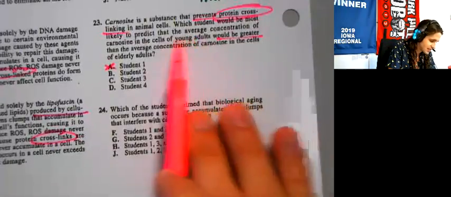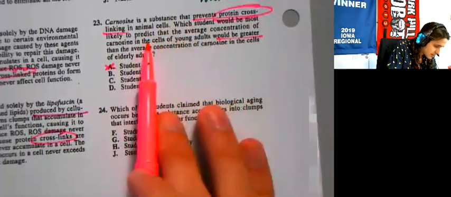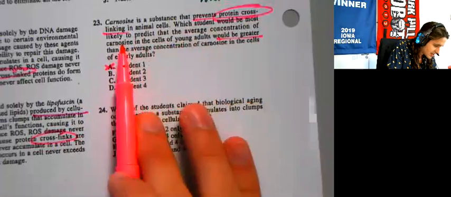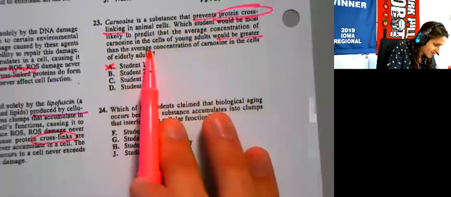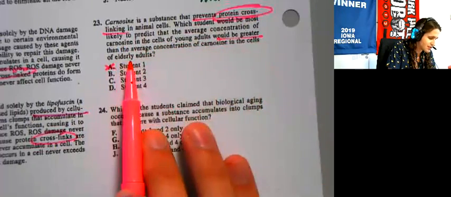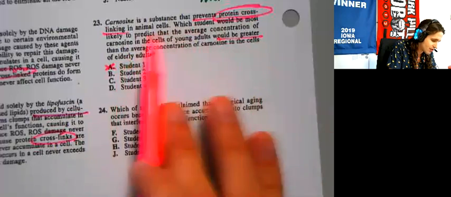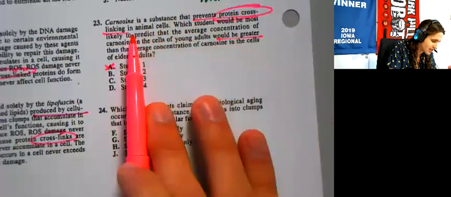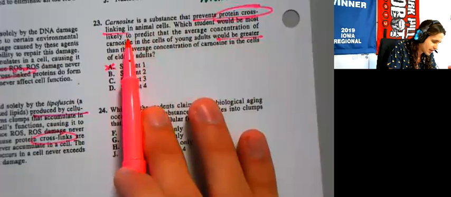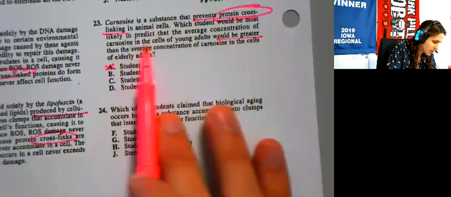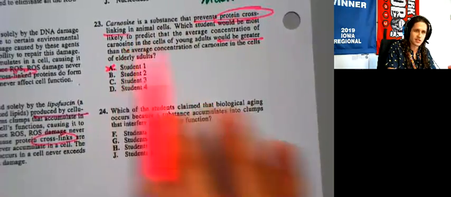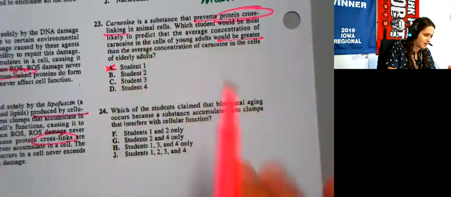Okay, and this guy says carnosine would be greater in the average concentration of the cells of elderly adults. So if carnosine prevents protein cross-linking, okay. All right, who says carnosine is going to be greater in young adults than in elder people?